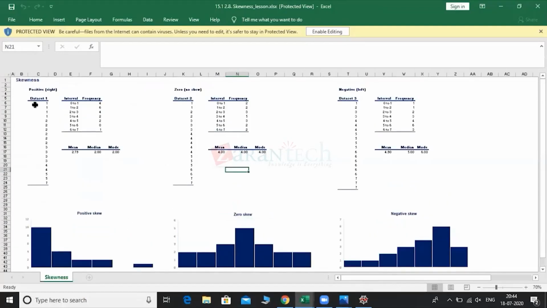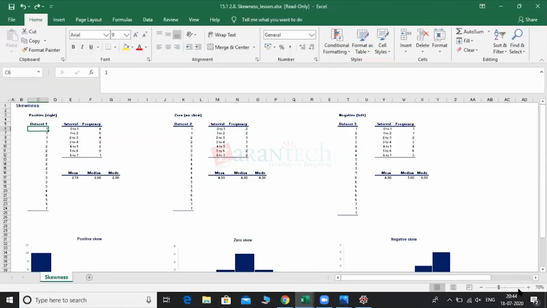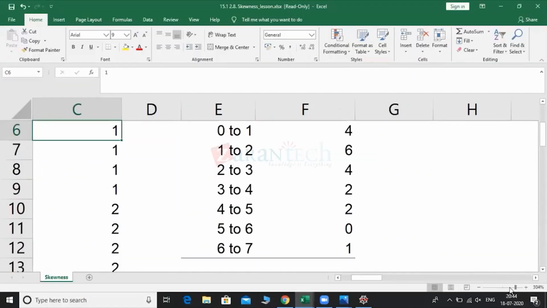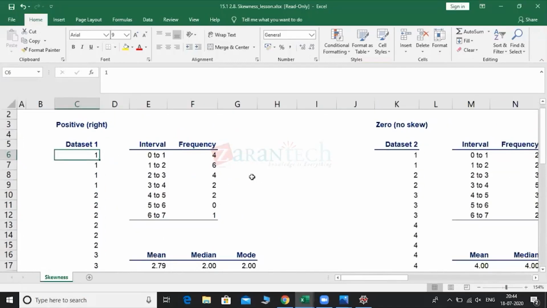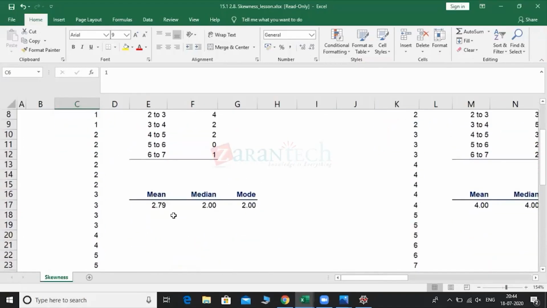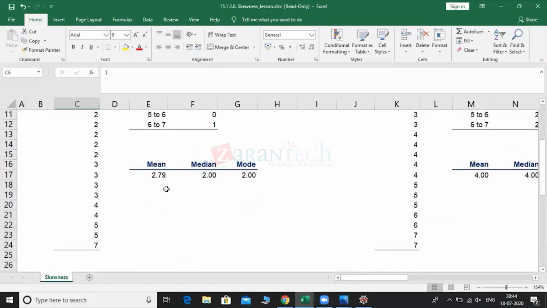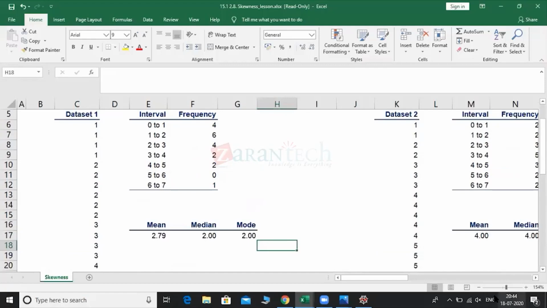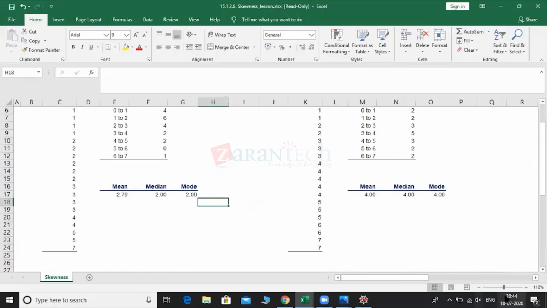So in these data points, let's say that this is a data set. Now in this data, we have the 3 tendencies which we have just seen: mean, median and mode. The mean is 2.79, the median is 2 and the mode is 2.0. Similarly, other data sets are also there, a few of them with just a few numbers.